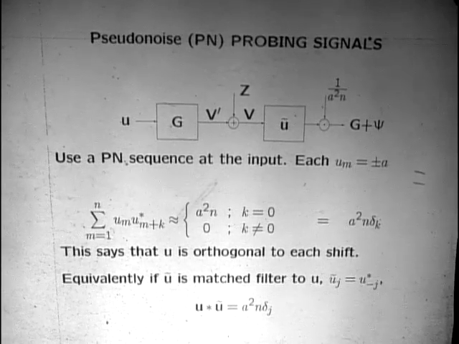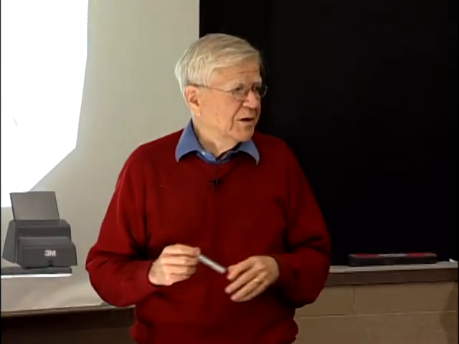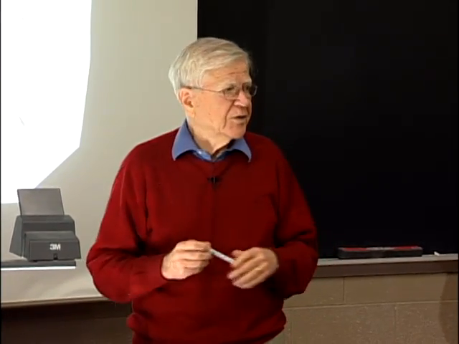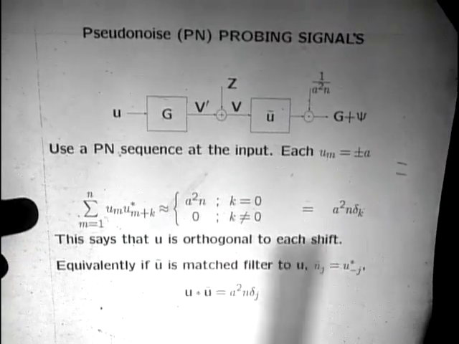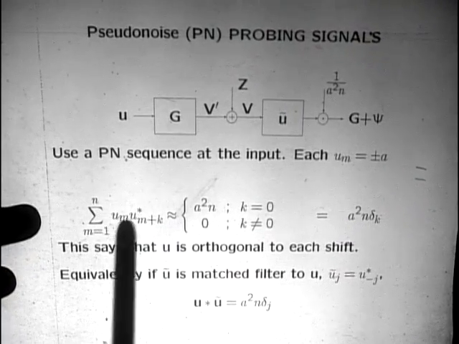Now, how you find sequences that have that property is another question, but in fact they do exist. There are lots of them. They're easy to find, and they have this very nice property.